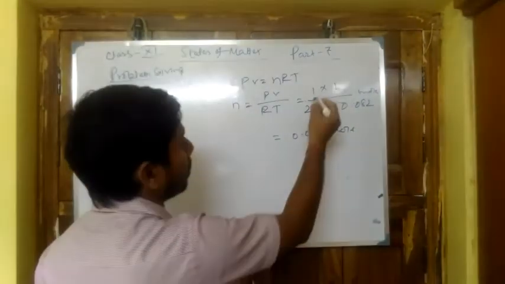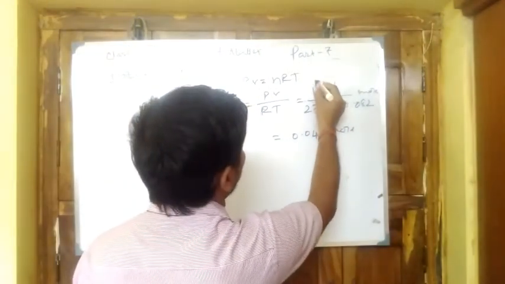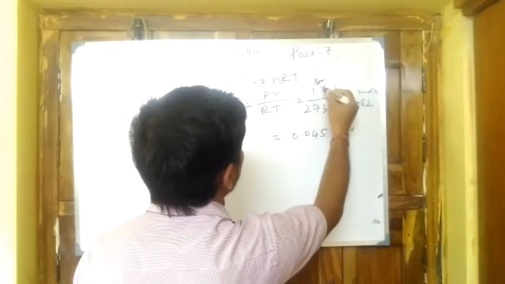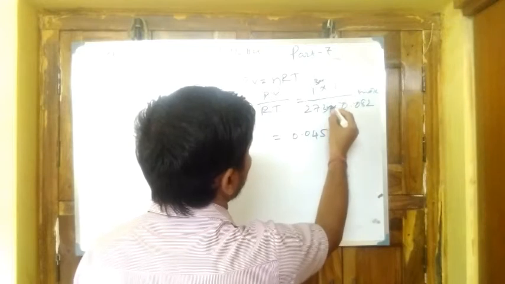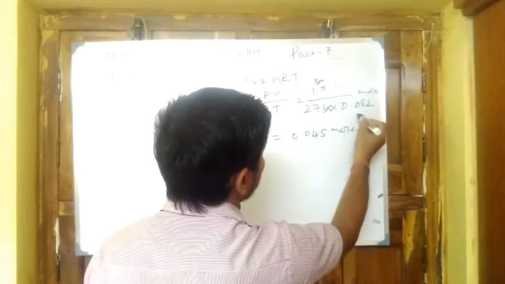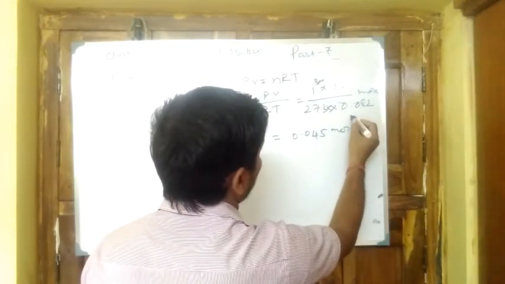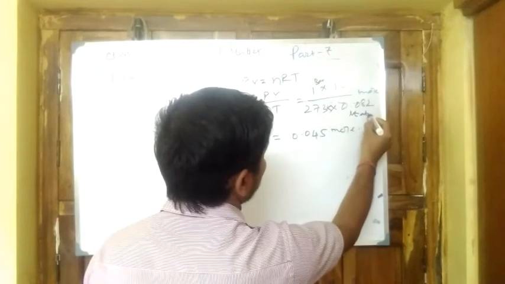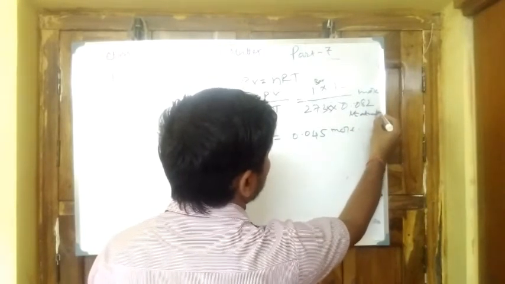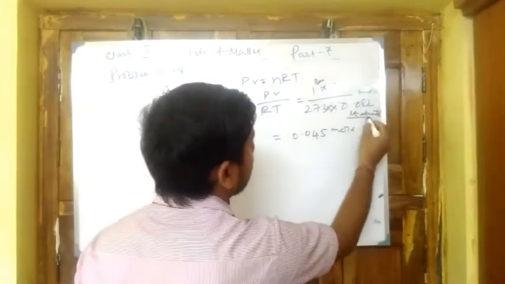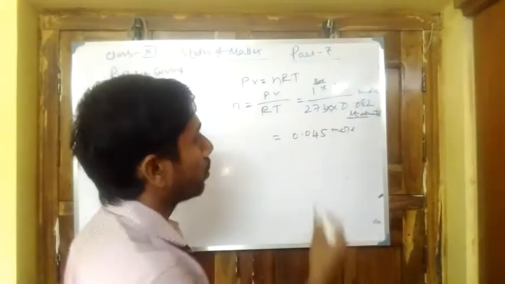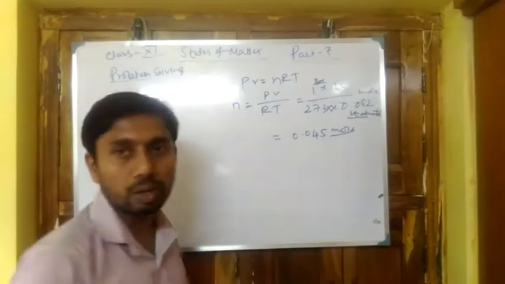You may write the data: 1 bar, V is 1 liter, and temperature in Kelvin. R is 0.082 liter atmosphere mole inverse Kelvin inverse. Liter atmosphere is equal to bar, so it will cancel out, and the final unit will be the mole.